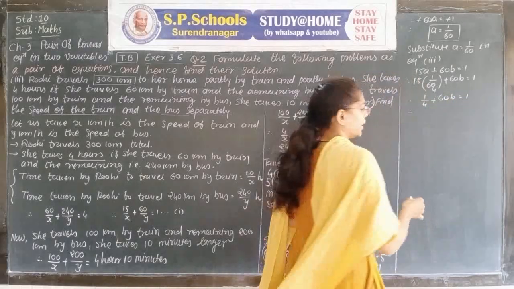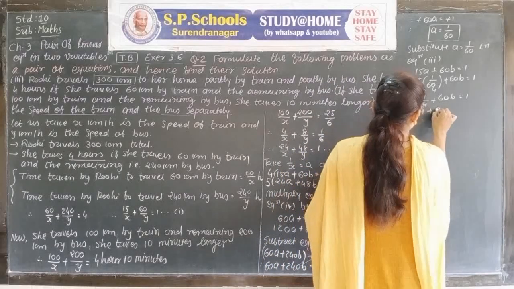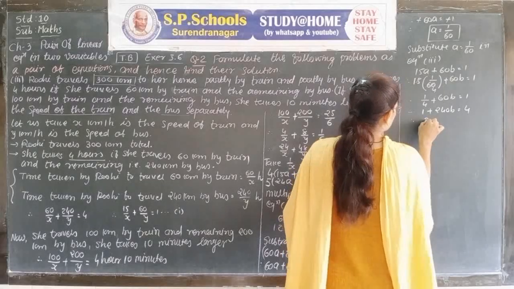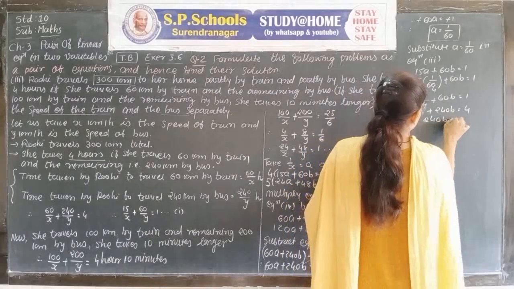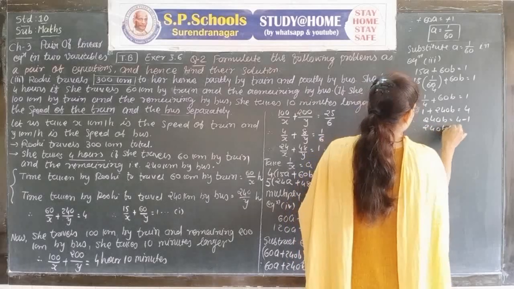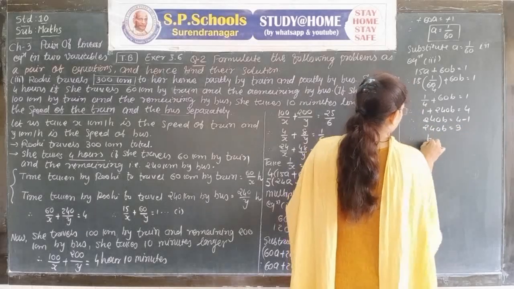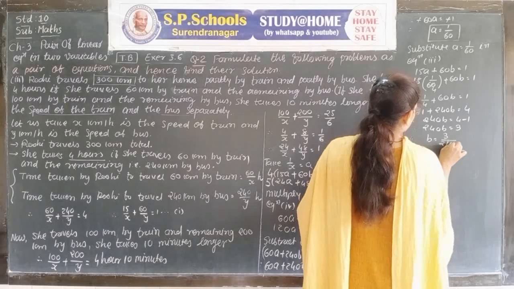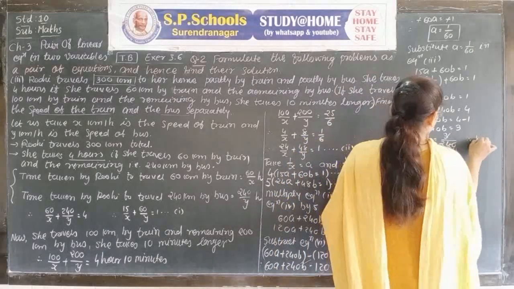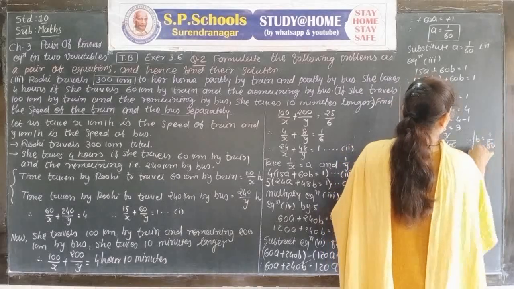Taking 4 as LCM, 1 plus 240b is equal to 4. That's why 240b is equal to 4 minus 1, that's why 240b is equal to 3. That's why b is equal to 3 upon 240. Cut is possible by 3. The value of b is 1 upon 80.